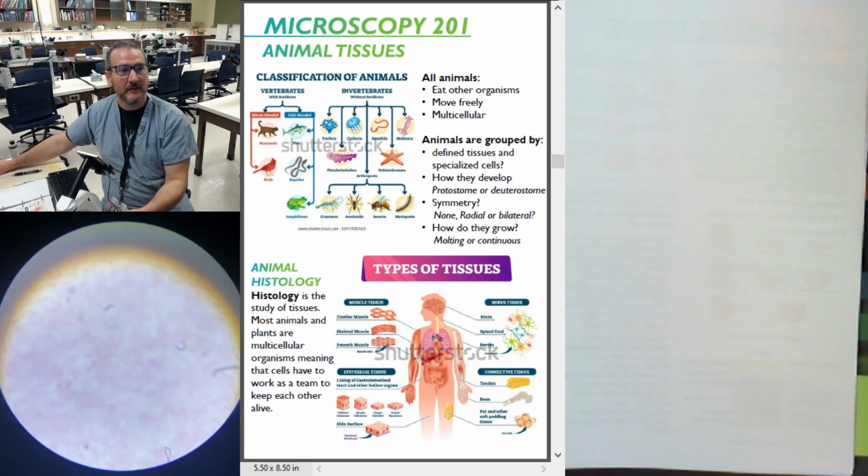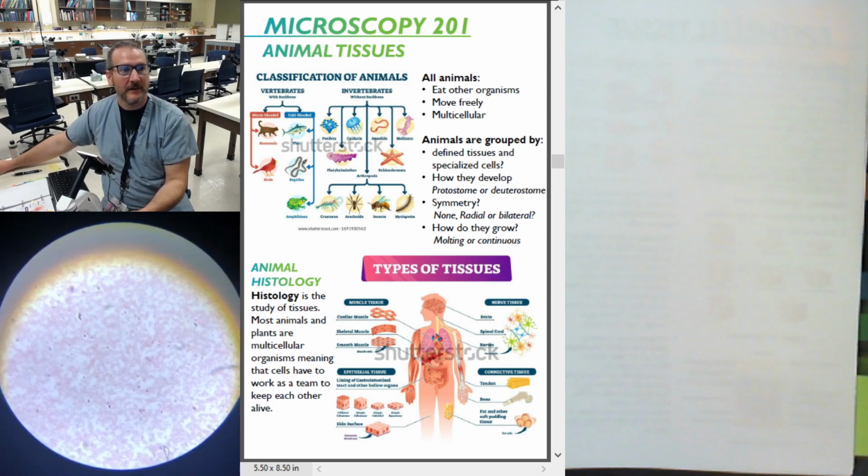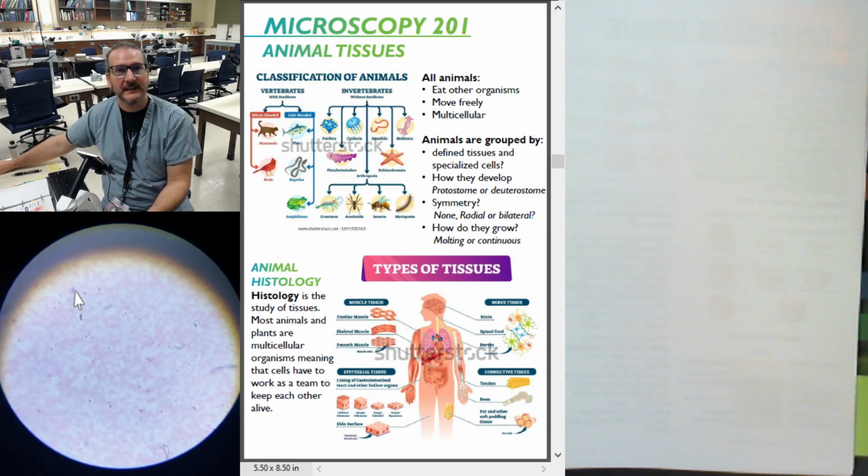Actually, I saw something interesting. Up here in the top left corner, right here. See it? That's a really big purpley cell. I want to see if I can find that.